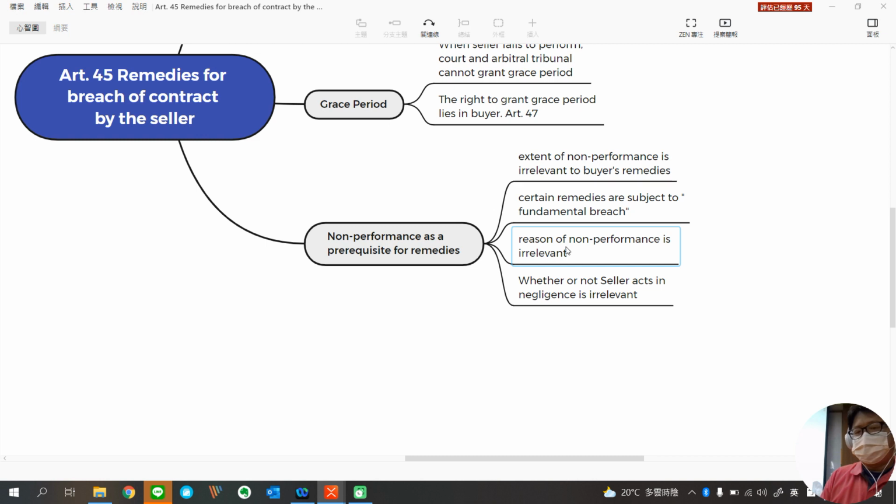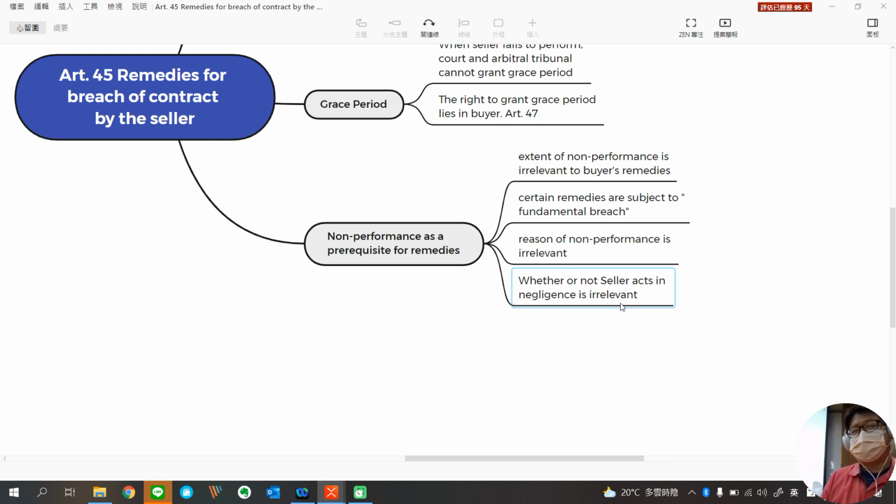And the reason for the non-performance is irrelevant, because you just did not fulfill your contractual promise. It doesn't matter what reason lies behind it. And whether or not there is negligence on the seller's part is also irrelevant.